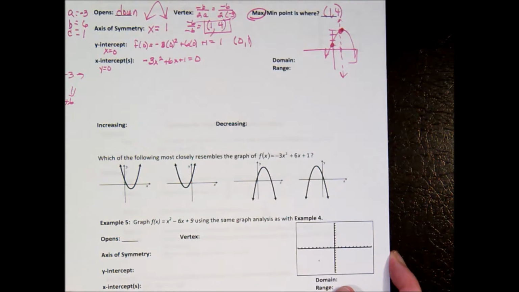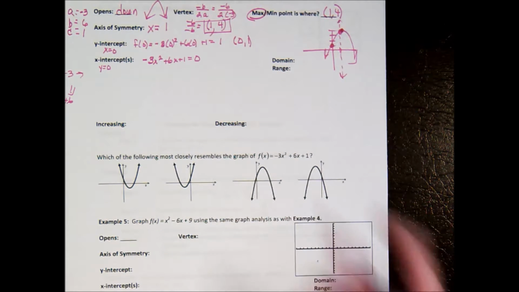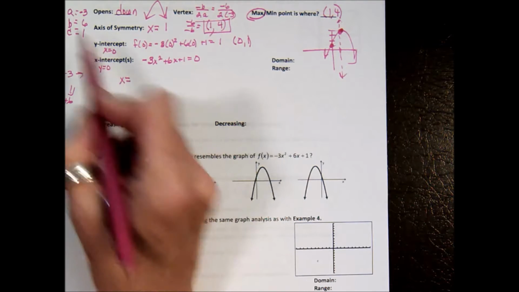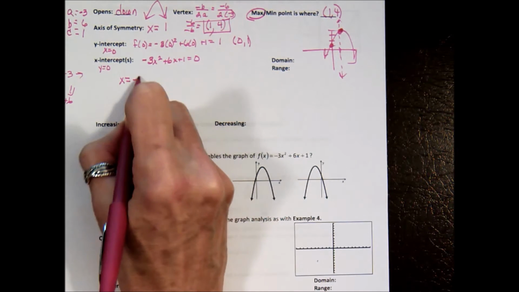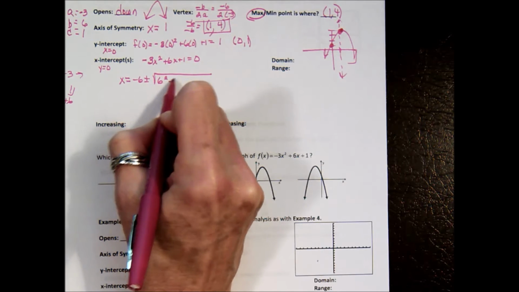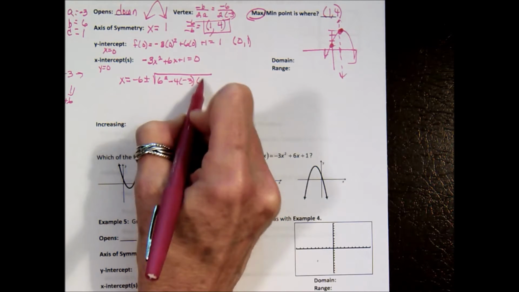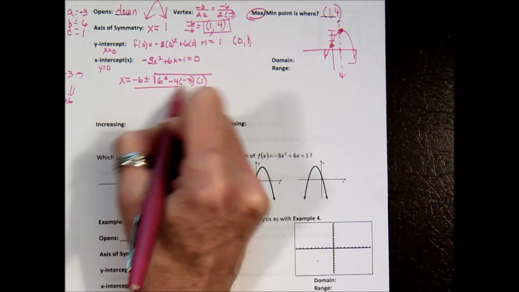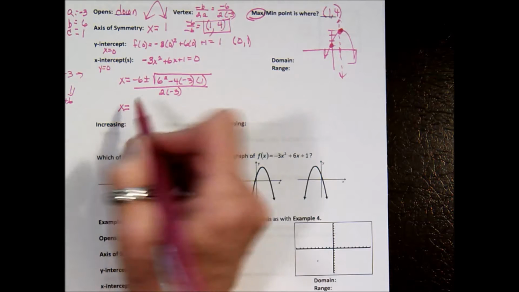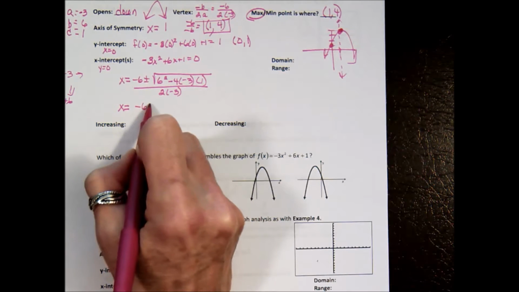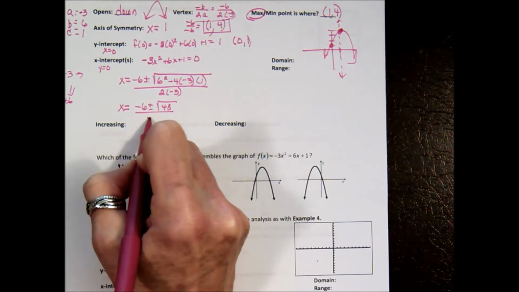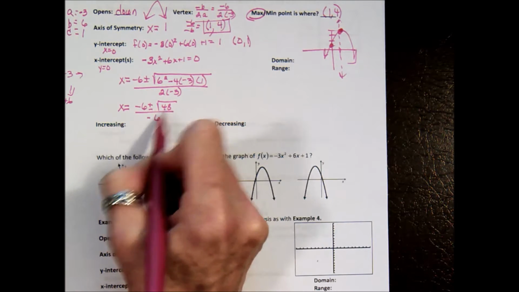So I have to use the quadratic formula. x equals the opposite of b, so -6, plus or minus the square root of b squared minus 4ac, all over 2a. If you simplify that, you get -6 plus or minus the square root of 48, all over -6. Don't cross cancel that because there's something in here.